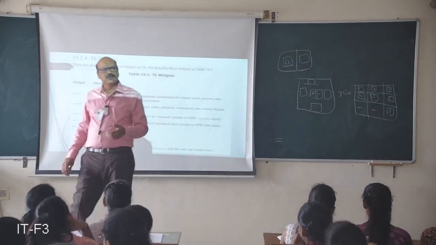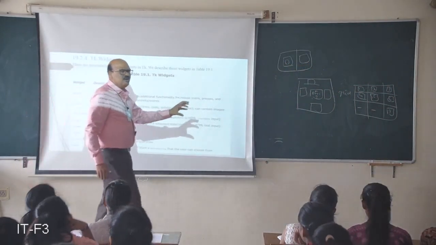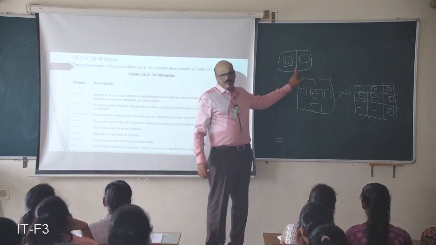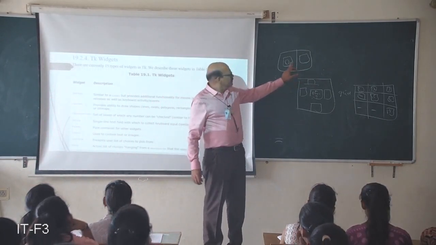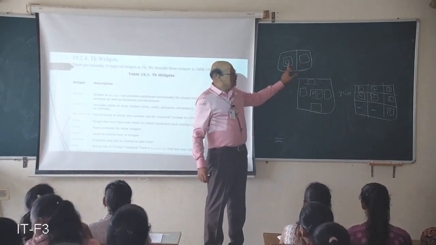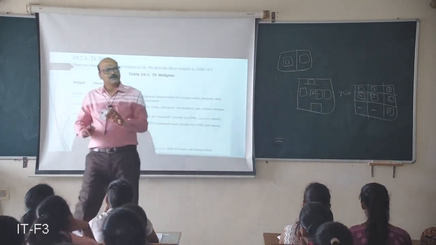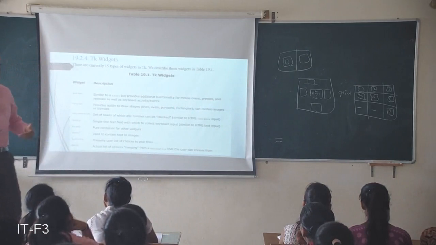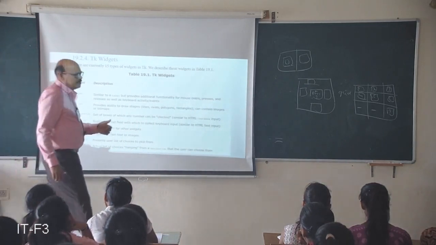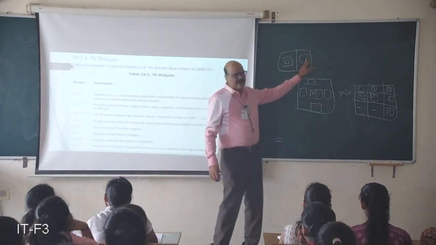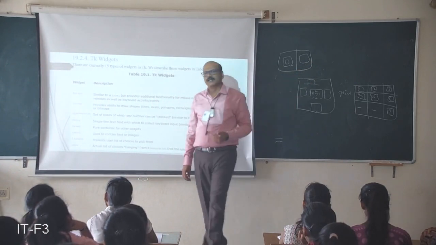And apart from that, for dividing the window into multiple partitions we can also use canvas. Here I can display something, and here I can display something else. When you want multiple windows for displaying different data, maybe some text and here some graphs, you can create multiple canvases.